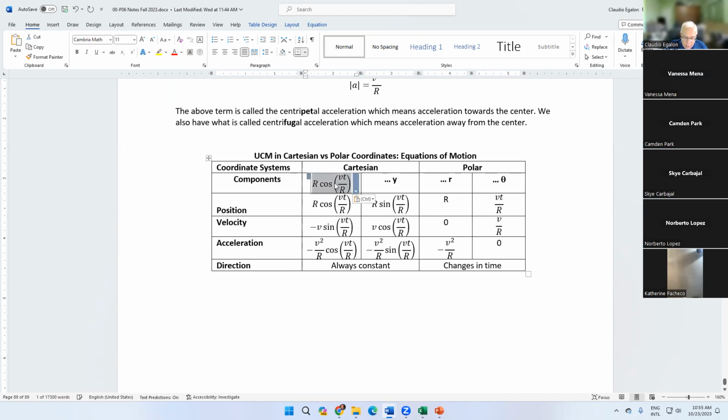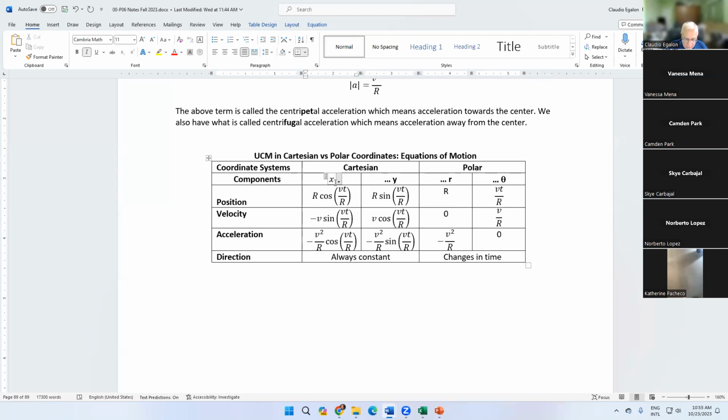Yes, Professor, I have a question. Do we need to use the polar coordinate equations or the Cartesian equations? Both. Whenever you find one more convenient, you use it. Whenever you believe the other is more convenient, use the other.